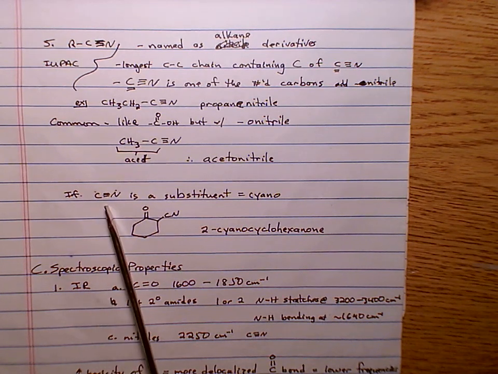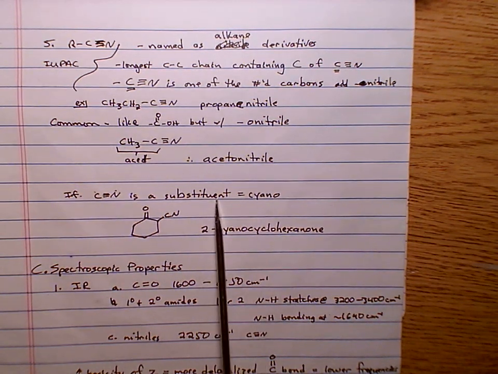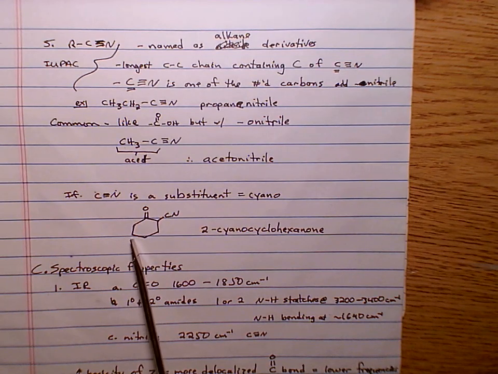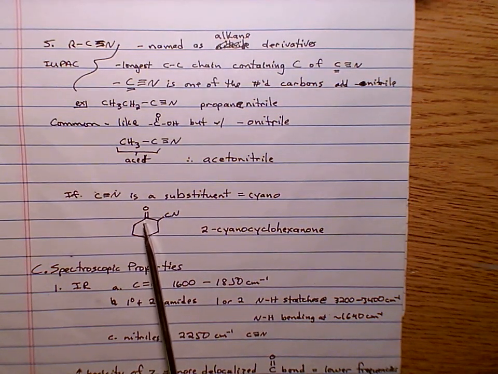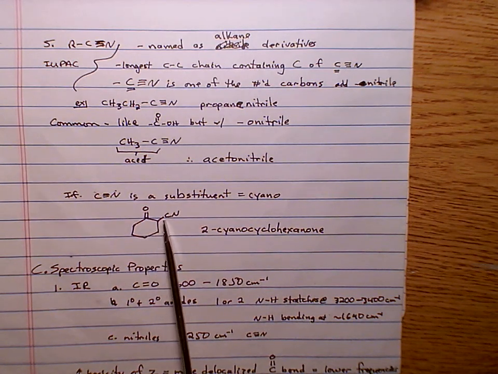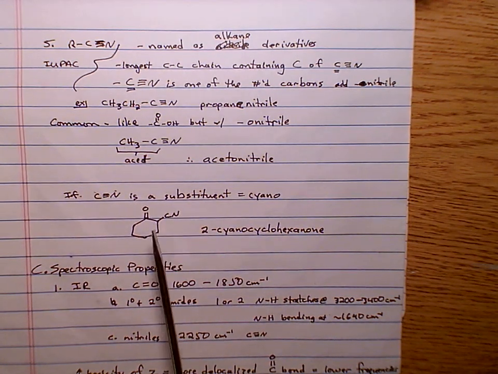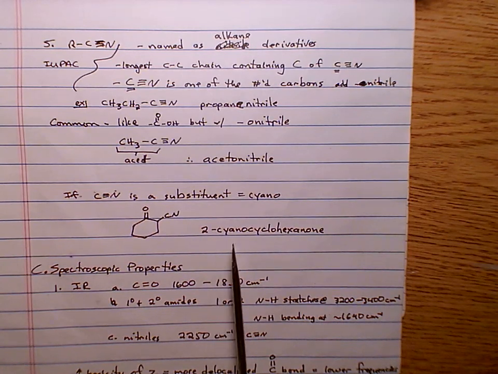Note, if our cyano group is a substituent on the ring, or you just want to consider it a branch, it's the cyano group. So if this is cyclohexanone, we'll get to it later, we've got a cyano group on the second carbon, so this would be 2-cyanocyclohexanone.